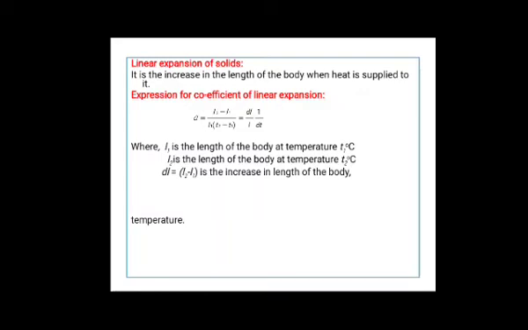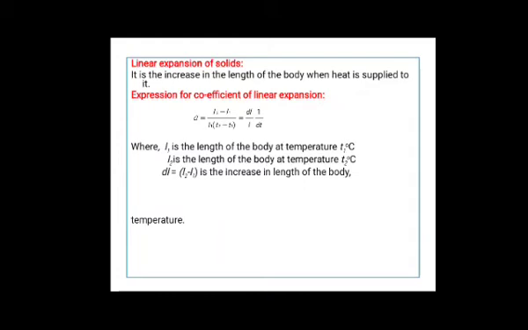What is L1? L1 is the length of the body at temperature T1. Means first we consider one solid and measure its length before supplying the heat. That length is L1. Now supply the heat. After supplying, there will be an increase in length. That changed length is represented by L2.